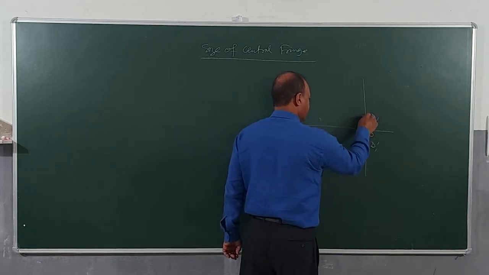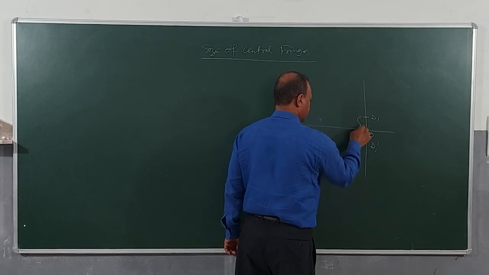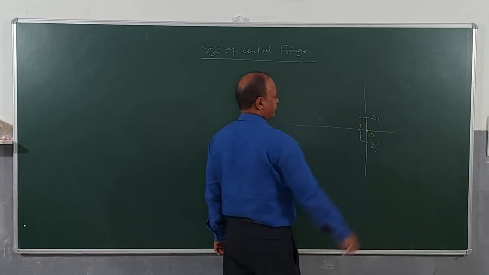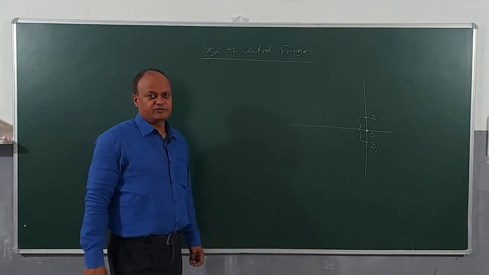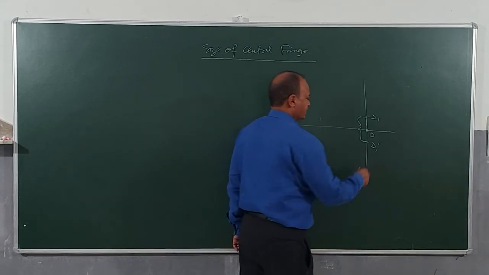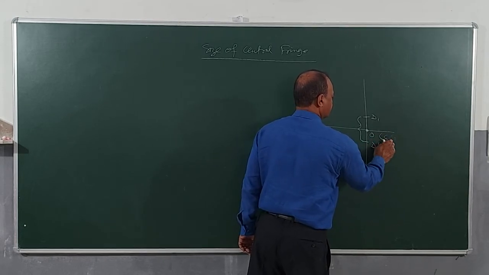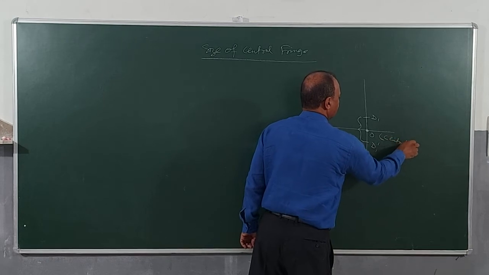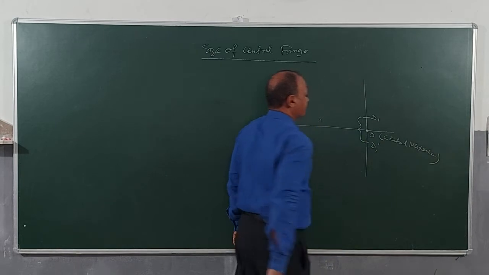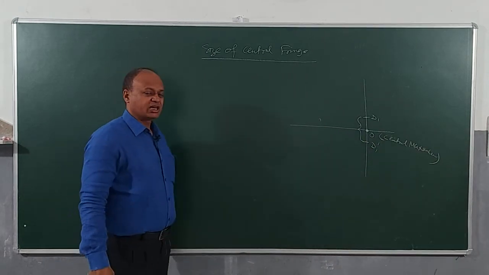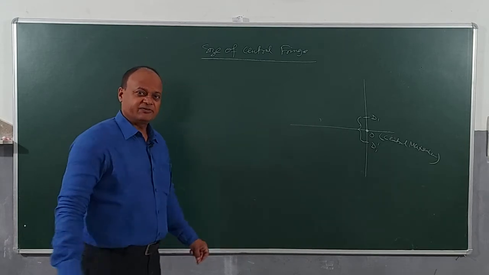Now, the distance between these two dark spots surrounding the central maximum is known as the size of the central fringe.